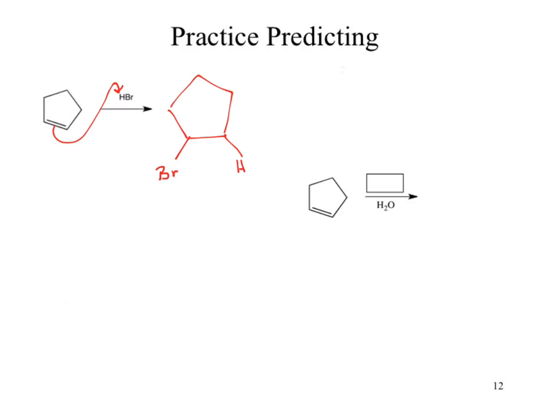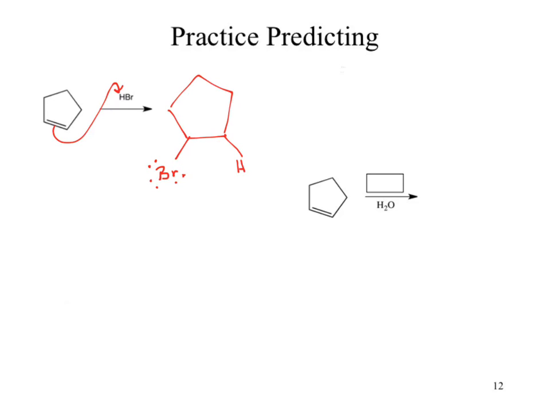Are there other atoms that could be nucleophiles, beyond halogens? Sure, good answer. What other atoms could be nucleophiles? Water. Be more specific than water. OH. Oxygen could be a nucleophile.